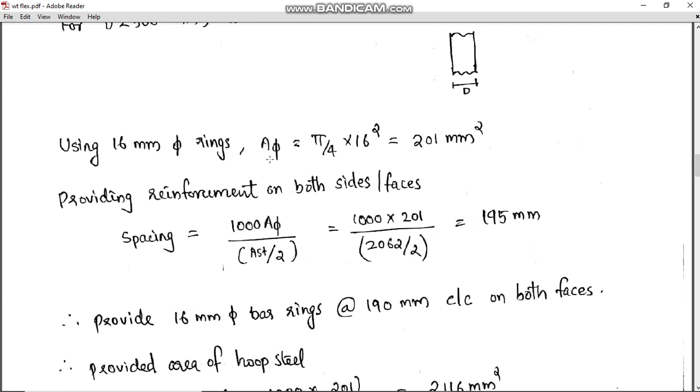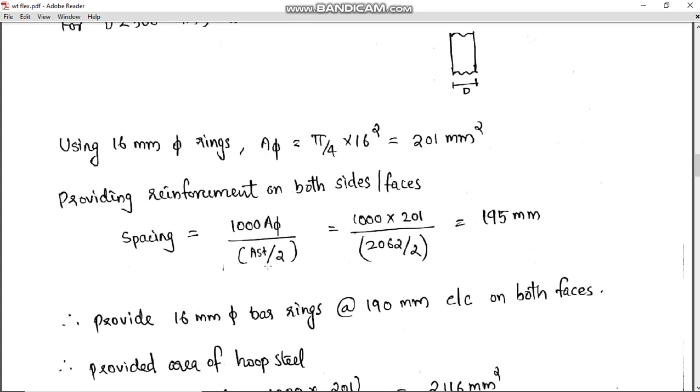So providing 16 mm rings, total area is equal to 201 mm square. Then providing reinforcement on both faces, that is outer face and inner face of the wall, spacing will be obtained as 1000 A phi divided by AST by 2, because half of the reinforcement is provided in both the faces.